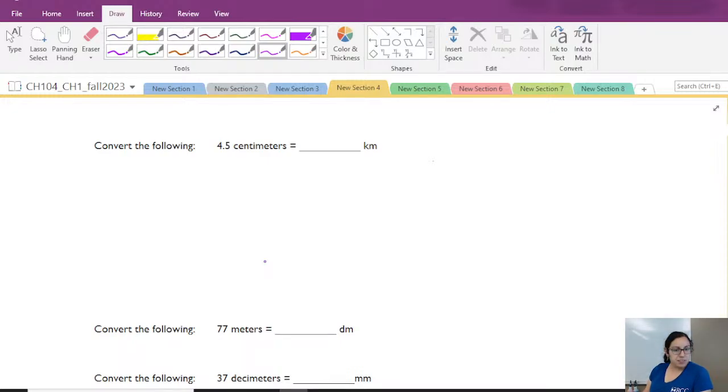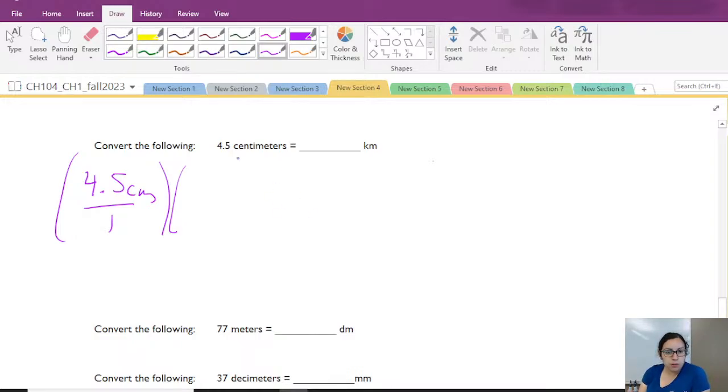No one else is volunteering. So it looks like we're doing a two-step conversion, so that would be my advice.